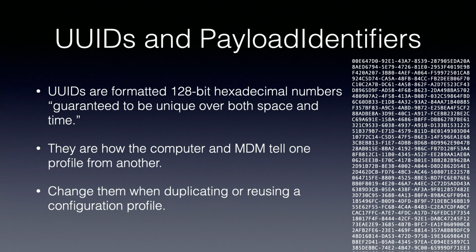Of note, another common convention is to take the UUID and make that into the payload identifier, or make it part of the identifier, in which case you'll see the same UUID in multiple places in the same profile. That's fine. For profiles with multiple payloads, each payload has its own UUID and identifier.